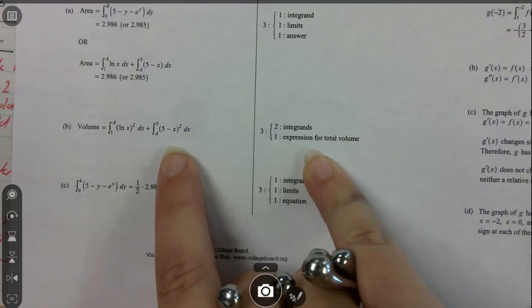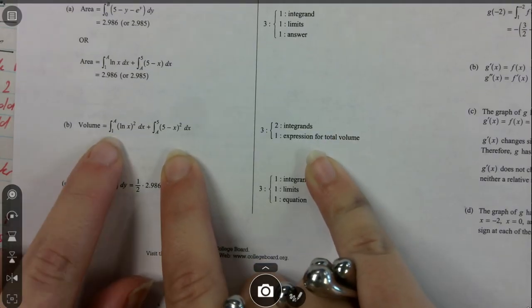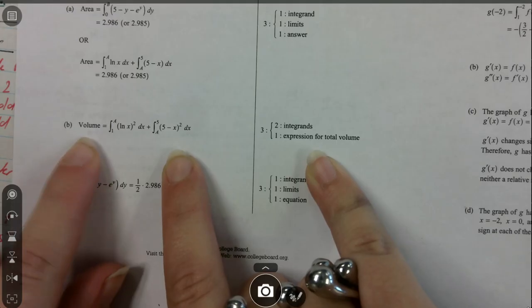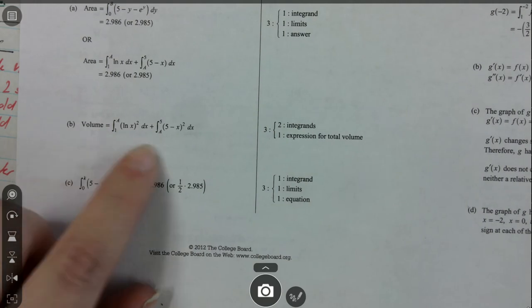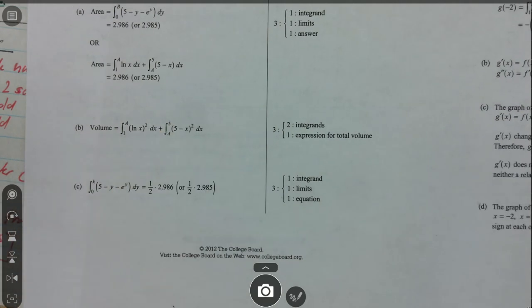Expression for total volume. So I think you need the word volume at the end, and that itself is 1 point. So would you all write V equals or volume equals? Okay, cool. Bounds for the first one is a to 1. Second one is 5 to a.